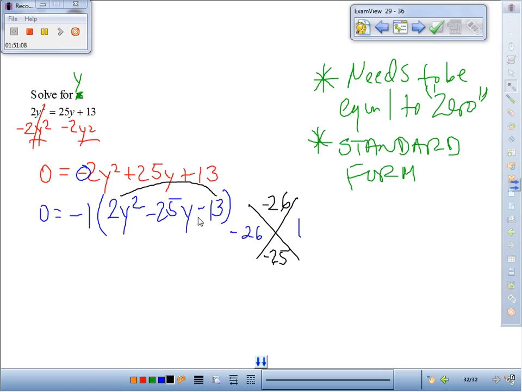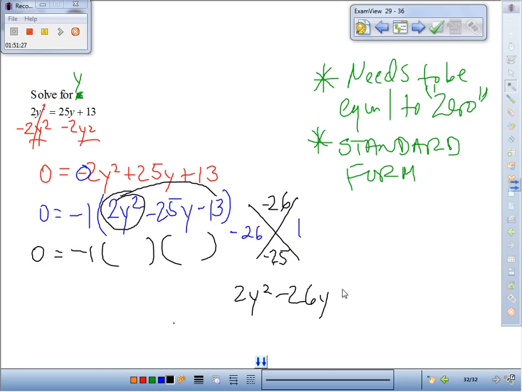So now, this one we can open up 2 parentheses. I bring down the negative 1 equal to 0. But this I'm going to rewrite. What do I write? 2y squared. Is that correct? And instead of negative 25y, what do I write? Negative 26y, then plus 1y, and then at the end, minus 13.